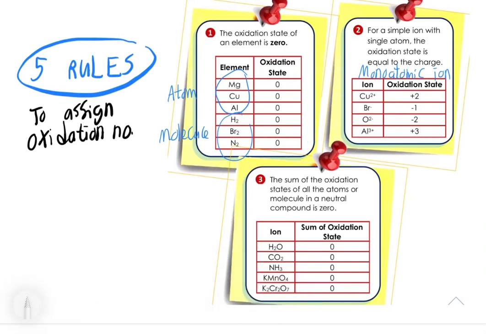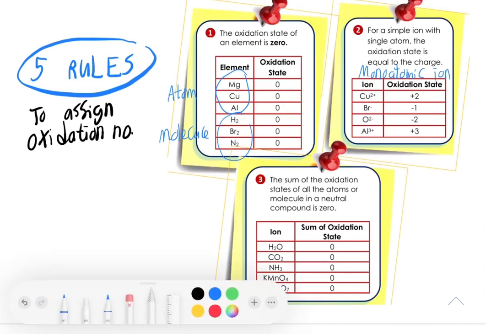Moving on to rule number 2. For a simple ion with a single atom, referring to monoatomic ion, so all these are monoatomic ions, the oxidation number is equal to the charge.